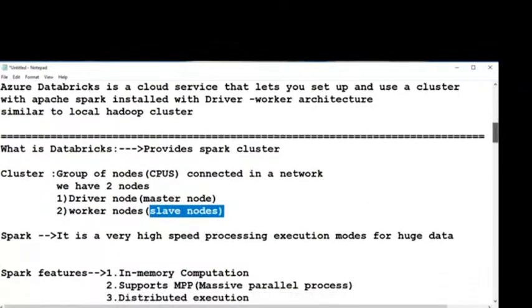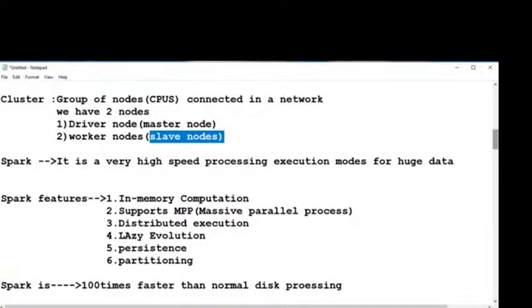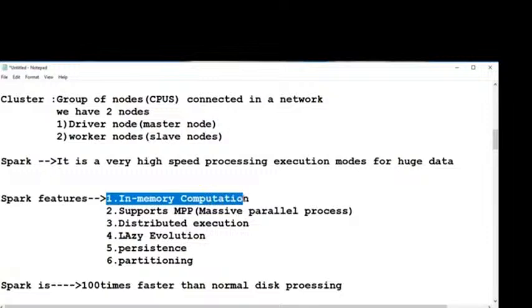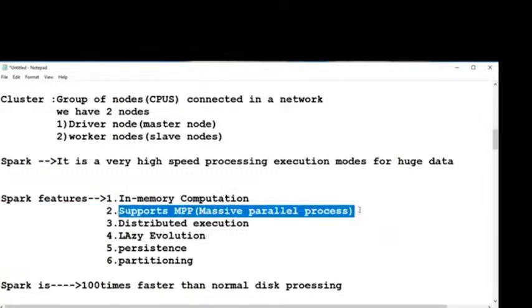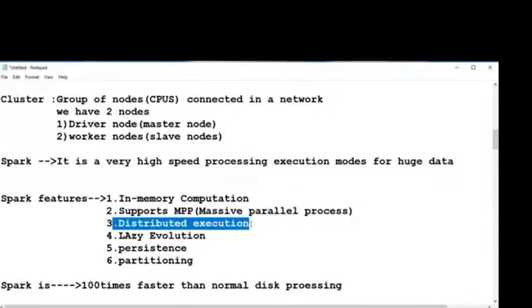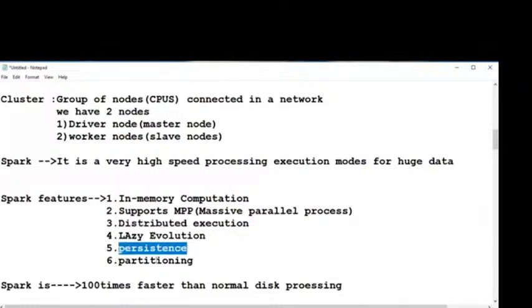Spark is a very high speed processing execution mode for huge data. Spark features in-memory computation, supports MPP, massive parallel processing, distributed execution, lazy evaluation, persistence, partitioning.